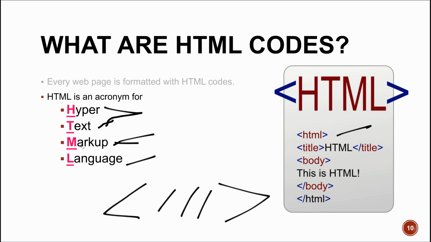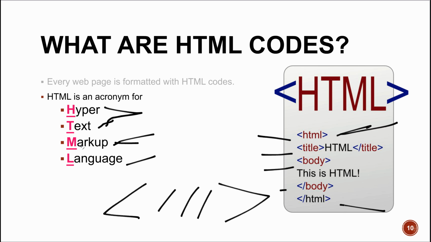Everything here is enclosed within an opening and a closing tag. For instance, we have the HTML here, that's the opening tag, and the closing tag typically starts with a forward slash. At times I mix up forward and backward slash. That's a forward slash. So it closes with a forward slash.